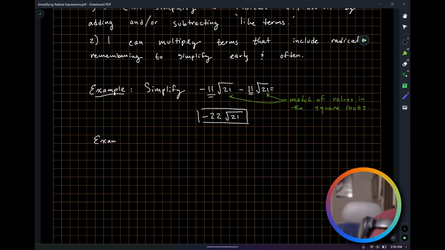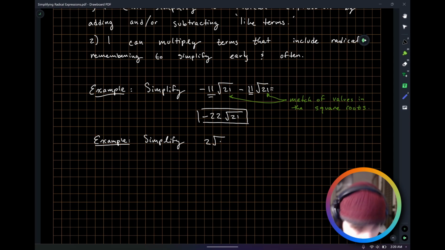But let's say we look at a different example. We're asked to simplify. That looks like a good one. Simplify 2 times the square root of 6 minus 2 times the square root of 24.